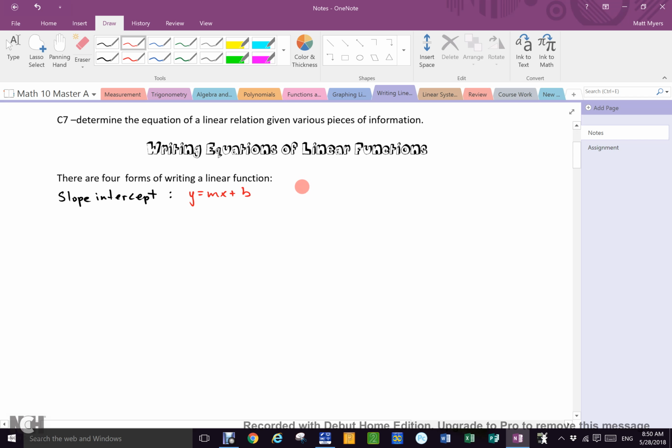You know that m is the slope, which is also rise over run, and what else? Y2 minus y1 over x2 minus x1. So if all those things equal m, can I put any one of those things into slope intercept form? Yes, excellent.